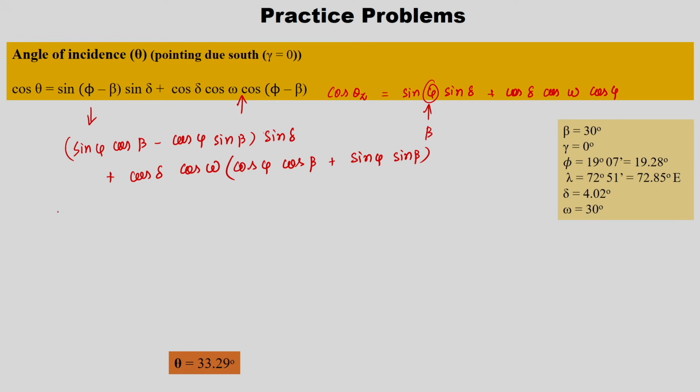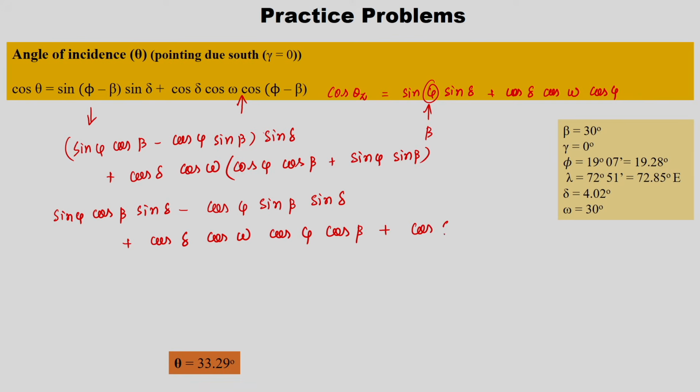If you expand it, sin phi cos beta sin delta, that is one term, and then cos phi sin beta sin delta, that is the second term, cos delta cos omega cos phi cos beta plus cos delta cos omega sin phi sin beta.